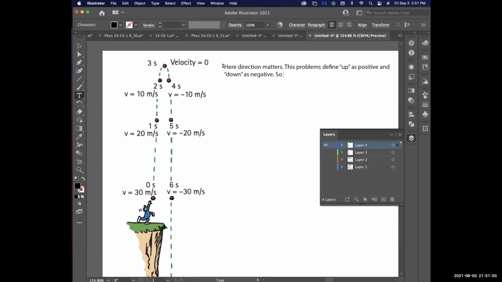So the initial velocity, v0, is going to be 30 meters per second, and acceleration is going to be negative 10 meters per second squared. So the direction matters here.